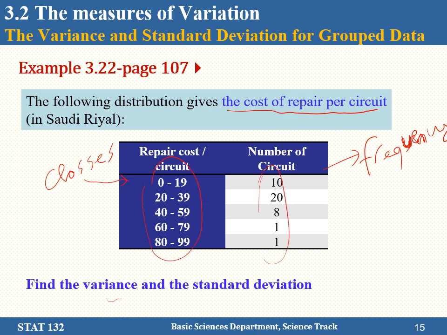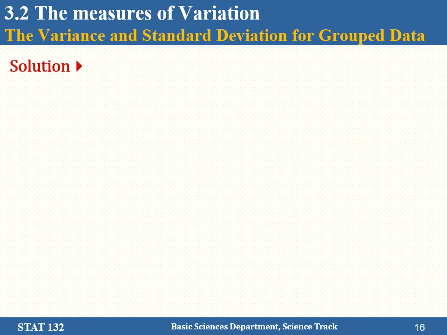Now, we will find the variance and the standard deviation. We are given grouped data, so we use the variance formula for the group data. Let me write the formula for it.